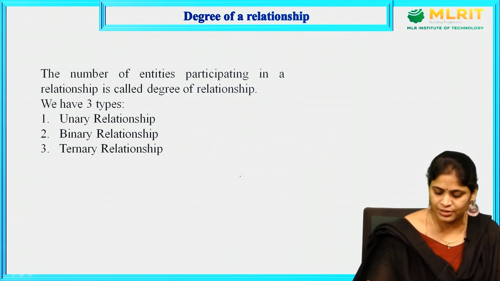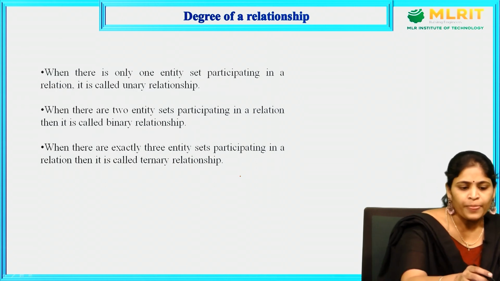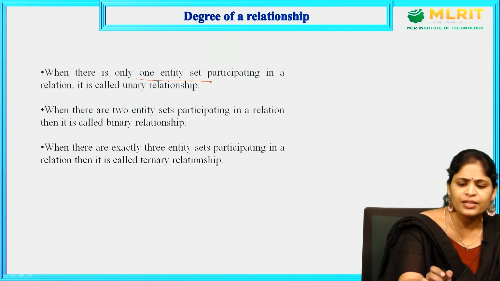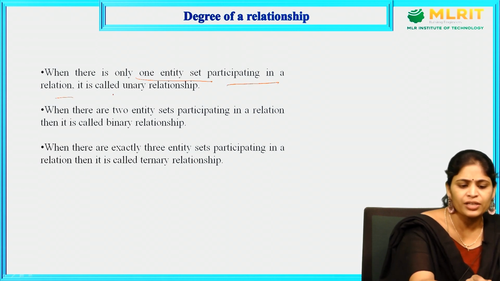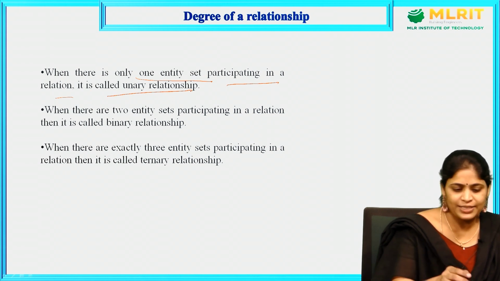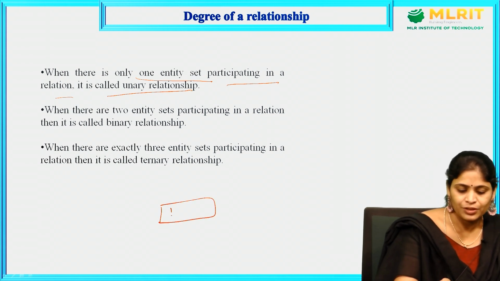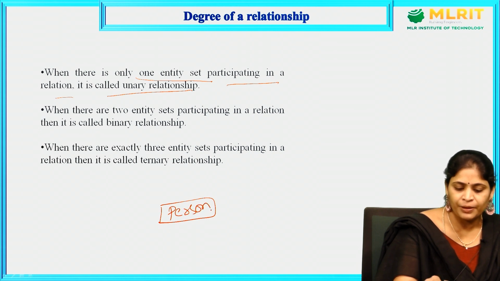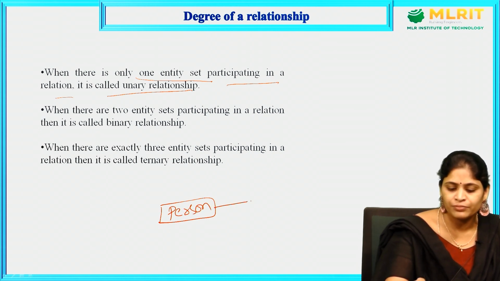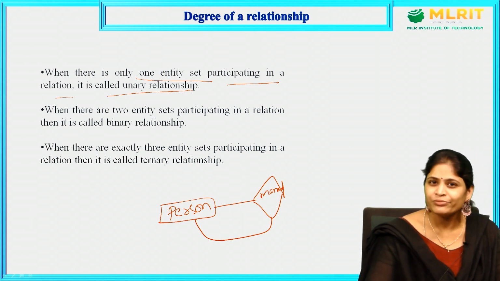Let us discuss in detail. What is unary? When there is only one entity set participating in a relation, it is called a unary relationship. Let us take an example. This is an entity. Let us consider a person. A person will marry a person only.